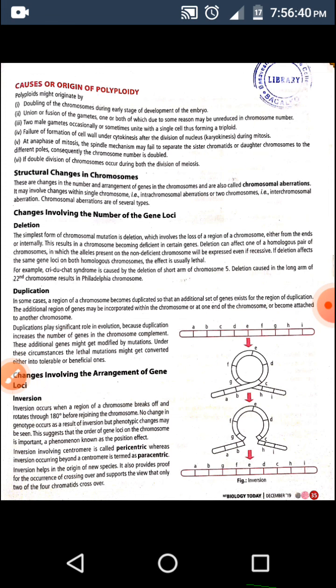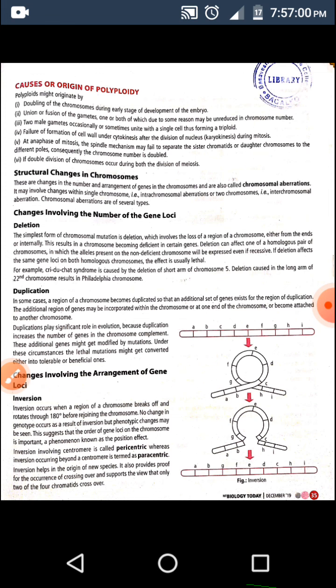Deletion will be observed in individuals showing Cri-du-chat syndrome, where we mainly see the deletion of the short arm of chromosome 5.